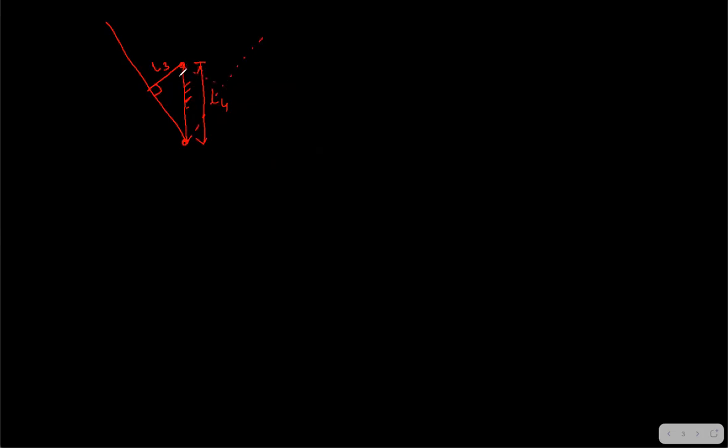Here also it's perpendicular. So this total is alpha. Then what will this be? This half angle will be alpha by 2, right? So you can see that this will be alpha by 2.